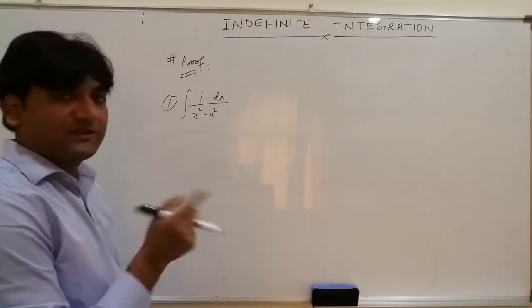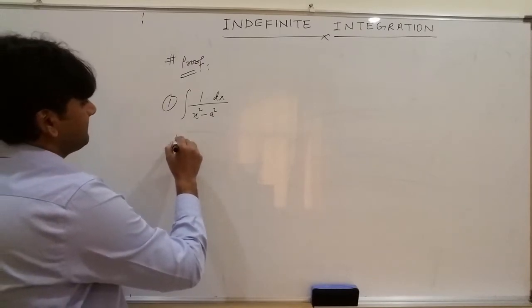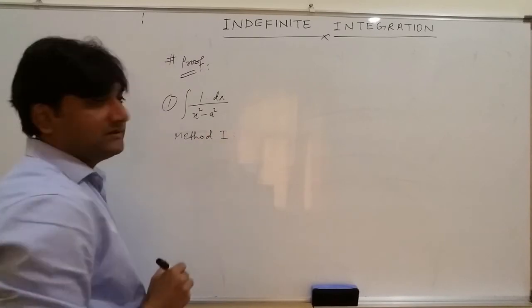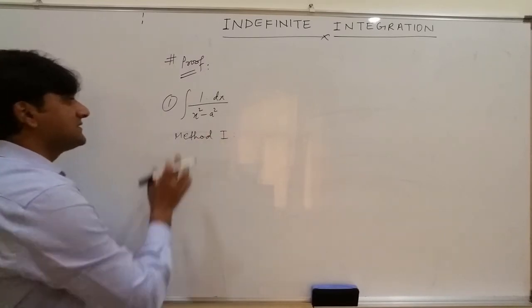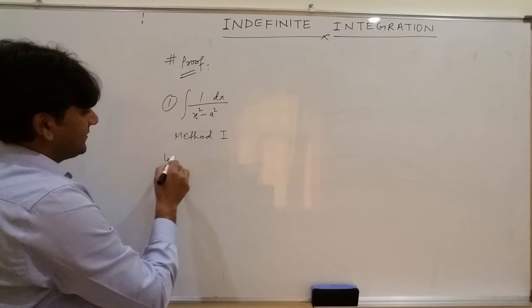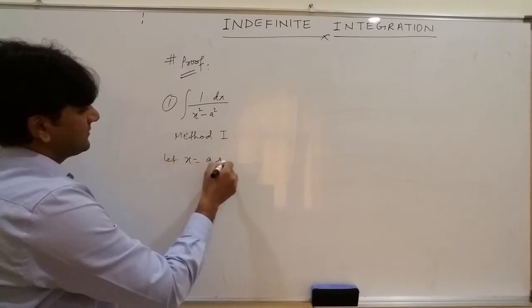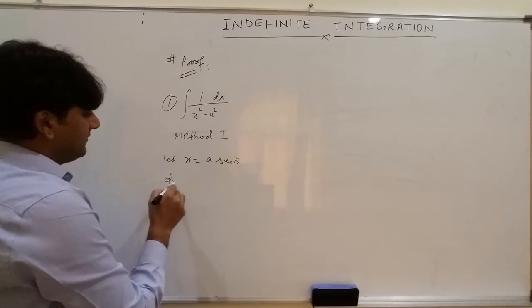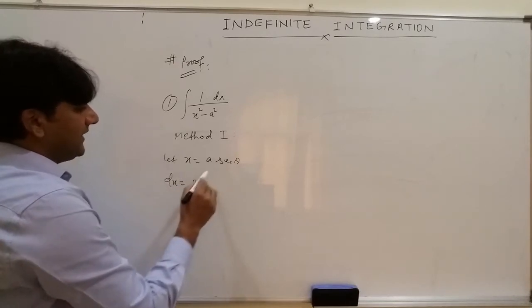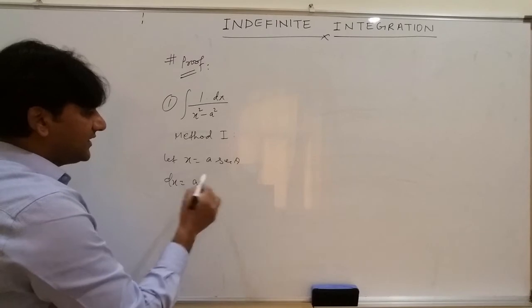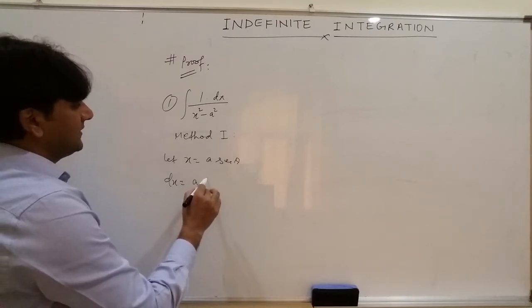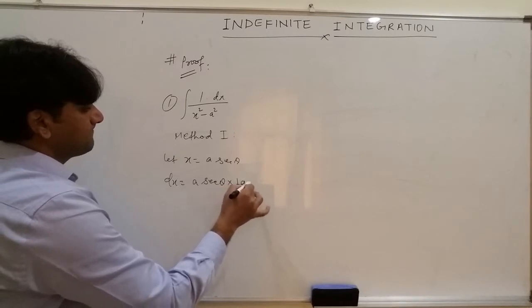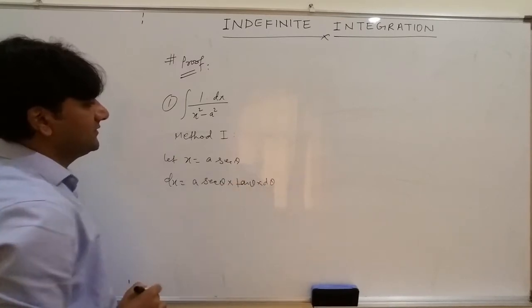Method one is a substitution. Here let x equals a sec theta, right? Then dx would be a times the derivative of sec theta, which is sec theta tan theta d theta, right?